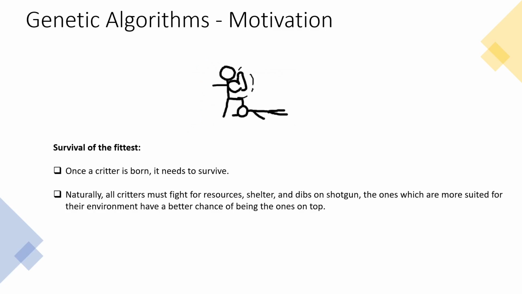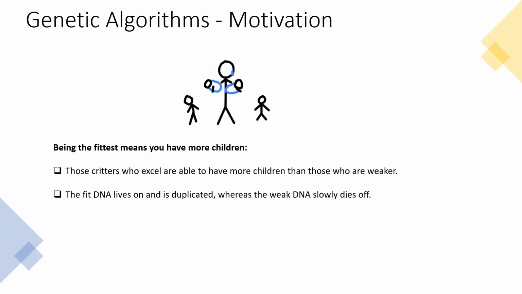Survival of the fittest. Once a critter is born, it needs to survive. Naturally, all critters must find resources and shelter, and the ones which are more suited for their environment have a better chance of being the ones on top. Being the fittest means you have more children. Basically, you can reproduce if you are fit enough. Those critters who excel are able to have more children than those who are weaker.